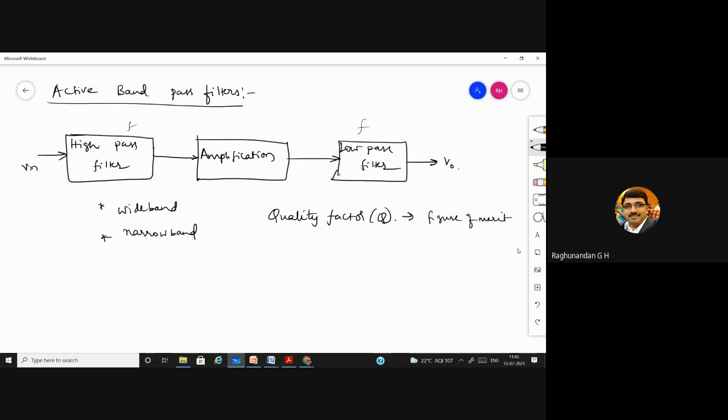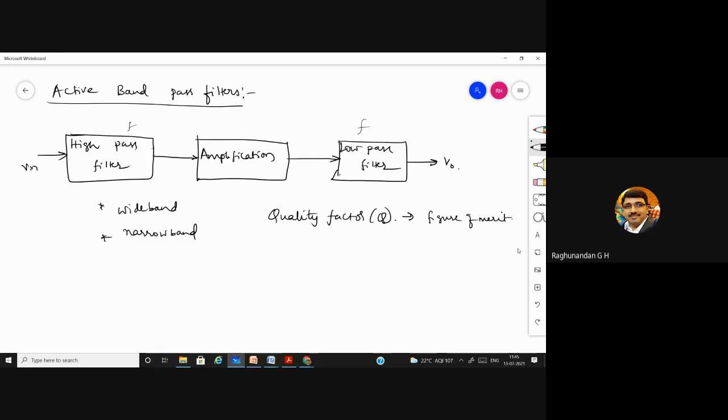Based upon the Q value, we tell the efficiency of that particular filter. So in other words, it is referred to as the figure of merit.